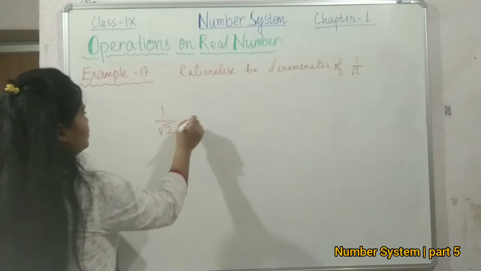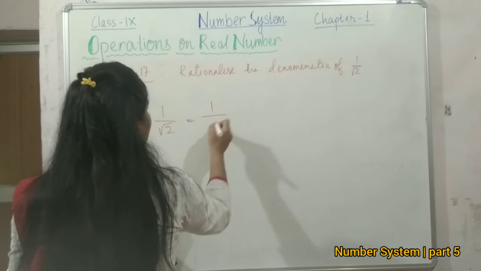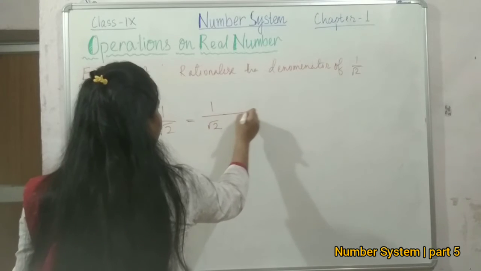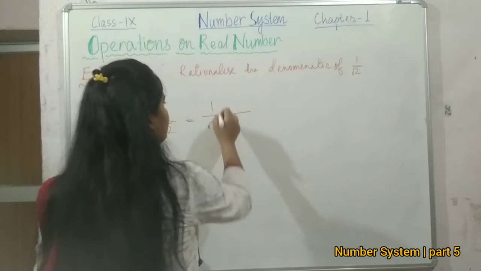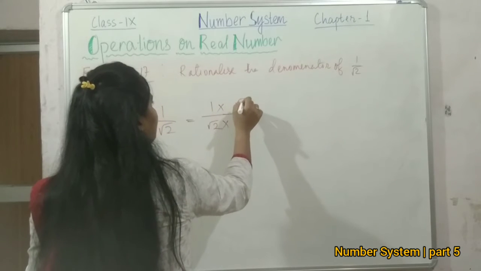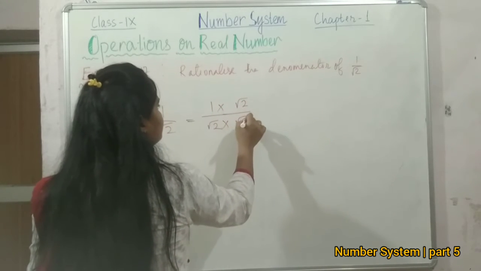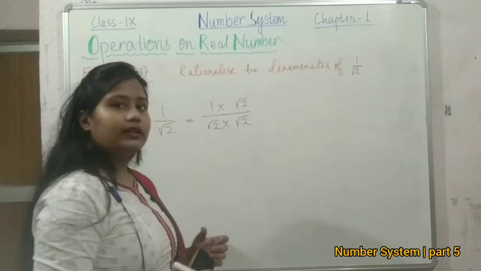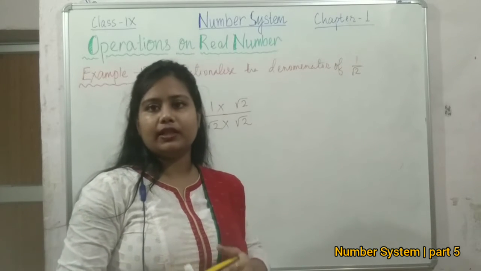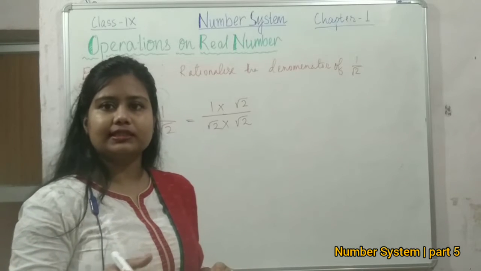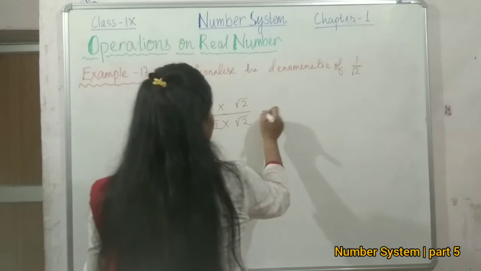1 divided by root 2 is equal to 1 upon root 2, and I will multiply both numerator and denominator by a term, that is root 2, to find an equivalent fraction. We all have studied equivalent fractions in the lower classes, in class 6, 7 and 8 also.